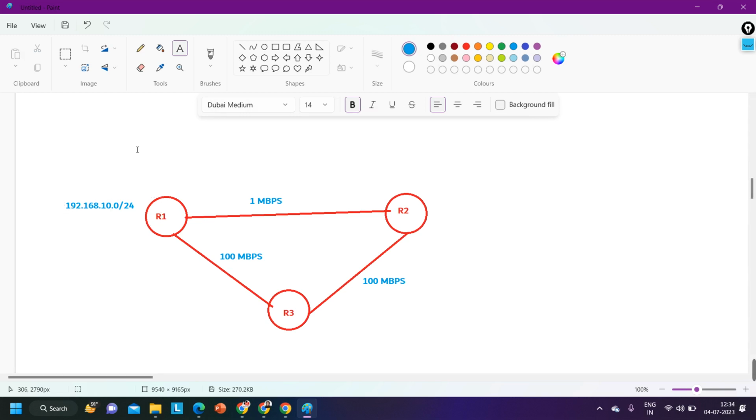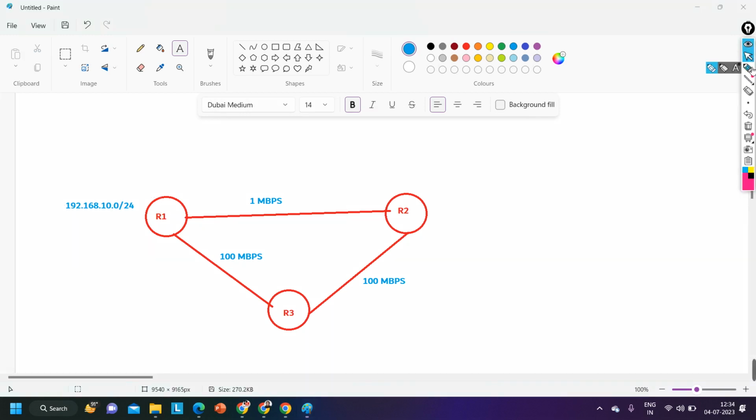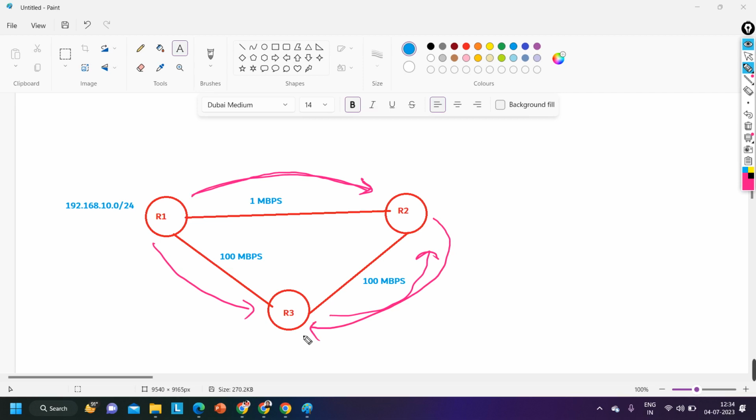Router 1 will advertise this network information to router 2, yes or no? And it will advertise to router 3 also. Router 3 will advertise to router 2, and router 3 is receiving one update message from router number 1, and this update message should be advertised by router 2 also from this interface to router 3, yes or no?